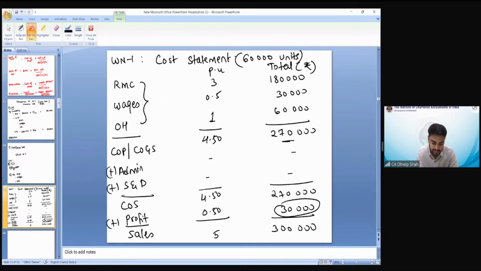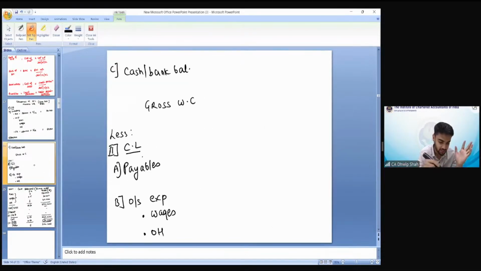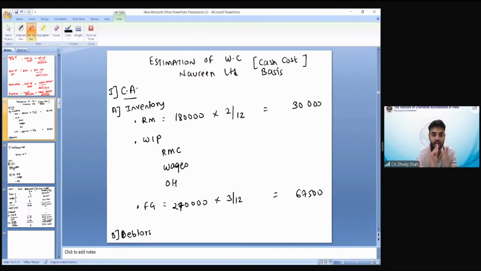Cost of production आया कैसे है? Raw material plus wages plus overhead. Instead of writing total, मैंने individually लिखा. Why? Because process में raw material भी होगा. There would be some raw materials in the process. Labor would also be working for WIP and there would be some overheads incurred as well. So it is the cumulation of these three expenses: raw material, wages and overheads.